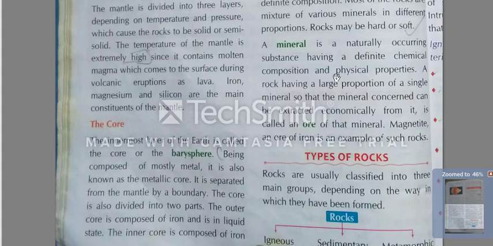There will be many minerals, but a single mineral will be there in a large ratio.